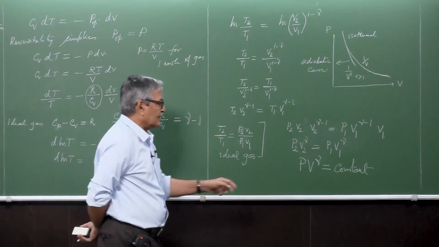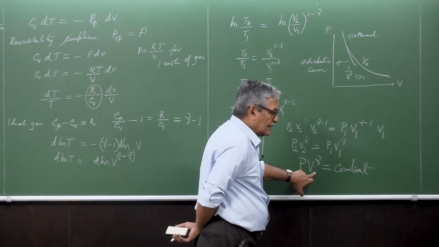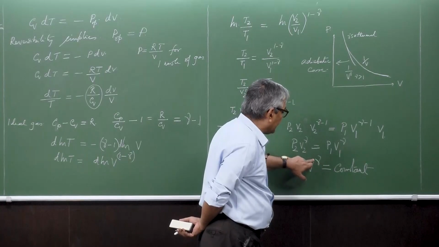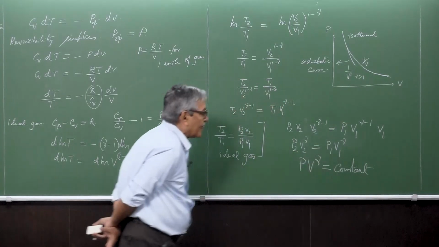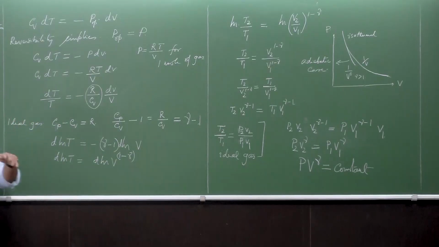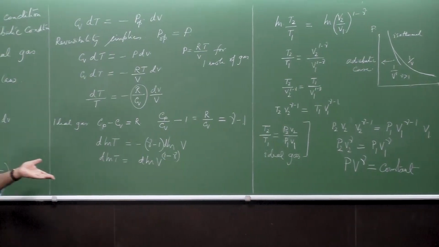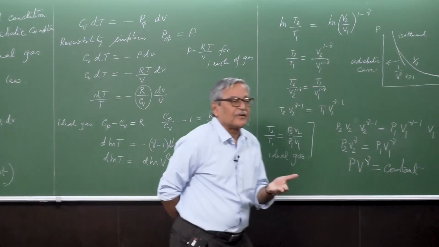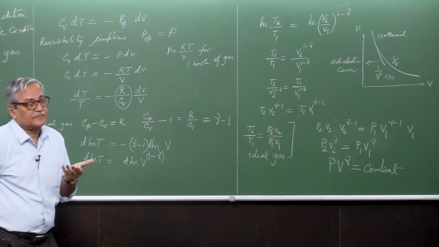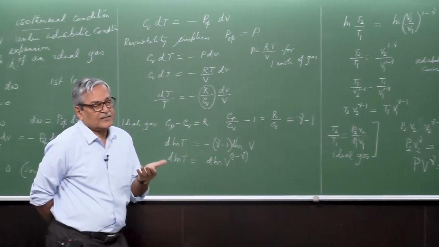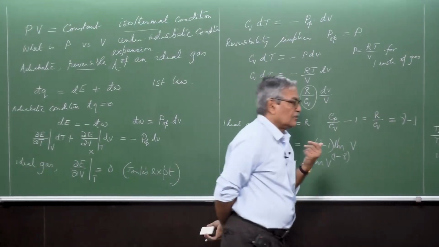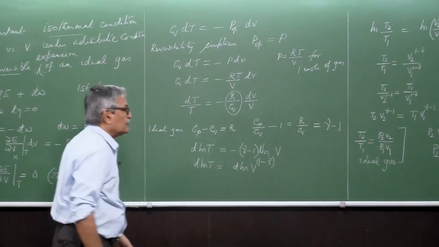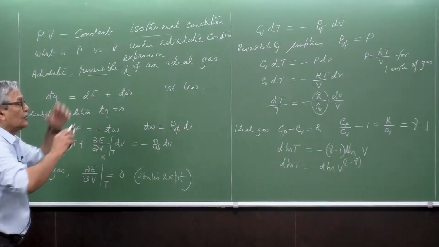You keep the gas at some pressure and it has a certain volume, but this appearance of gamma, the ratio of Cp by Cv, means it is also connected to other detailed thermal properties of the gas, that is, specific heat at constant pressure and specific heat at constant volume. So that's a very interesting relation that we need to know about. And so far so good.